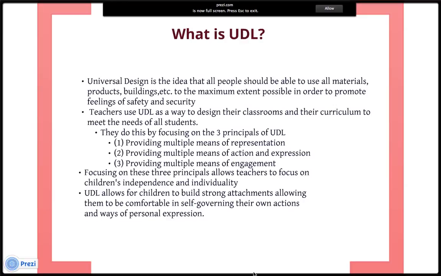And the third principle is providing multiple means of engagement. This is providing various ways to arouse children's curiosity, interest, and motivations. By doing this, children are given the ability to build local autonomy, and this leads to a strong sense of independence, which in preschool we are all about.